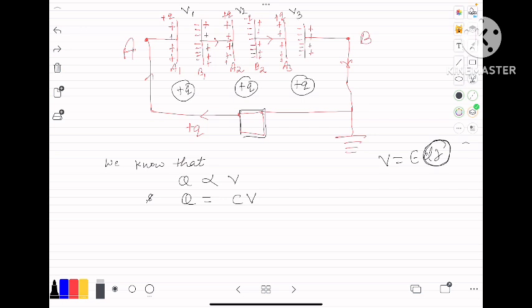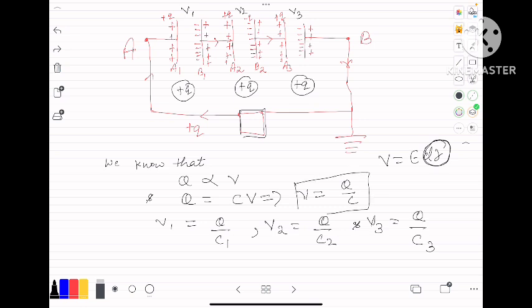V1 is equal to Q upon C1, V2 is equal to Q upon C2, and V3 is equal to Q upon C3. V is equal to Q upon C. Here Q is equal to small q.